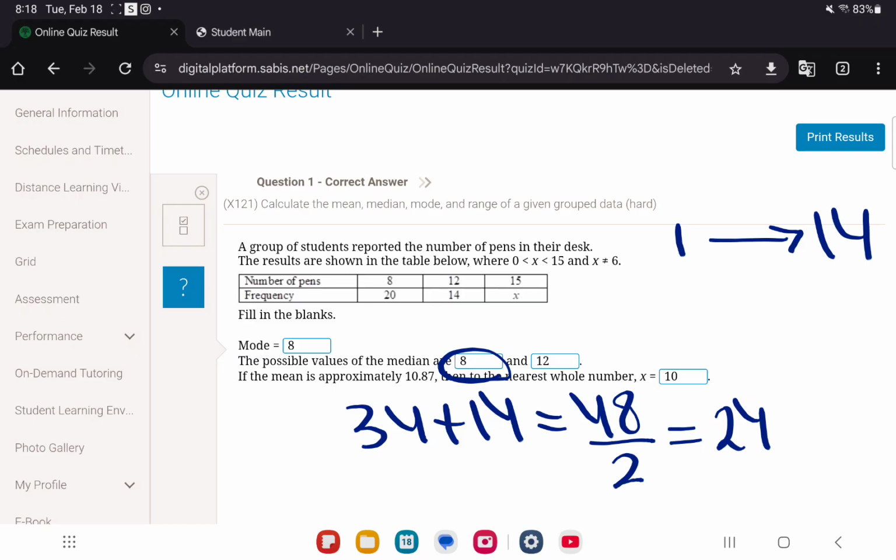Like I said, it goes from 0 till 20, and then when it starts with 12, it goes from 20 till 34. Where can you find 24? Between 20 and 34. So the 12th number of pens is also a possible value for the median.